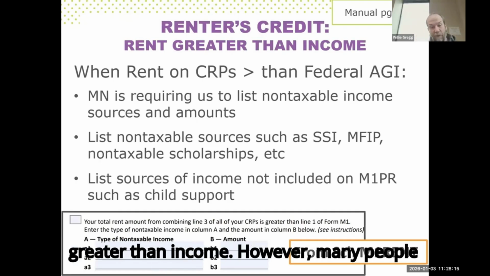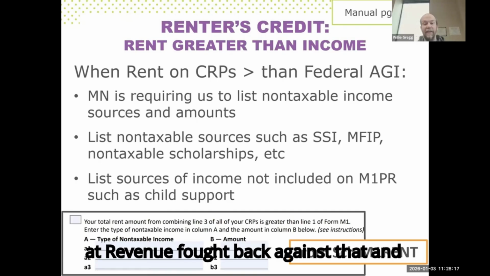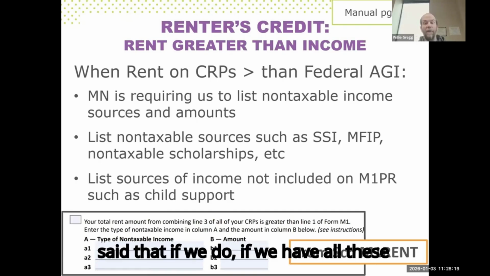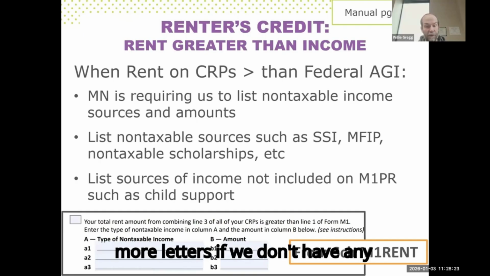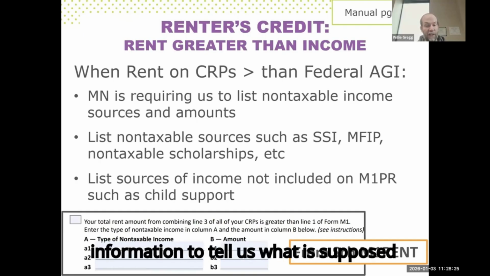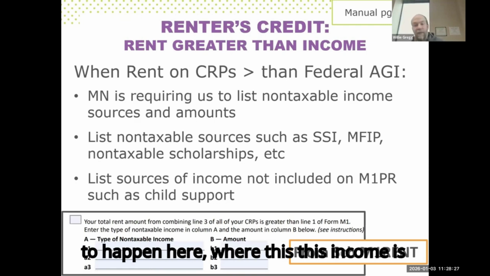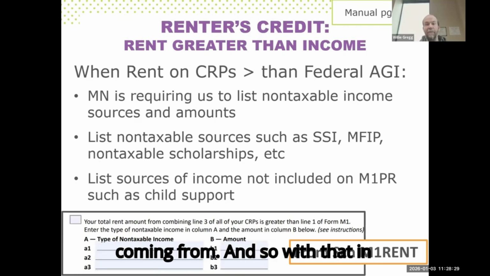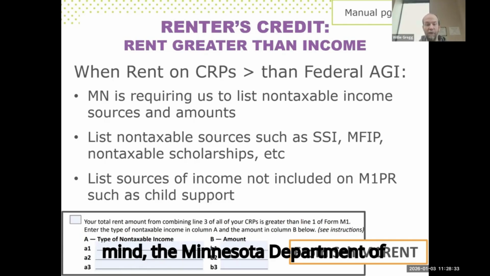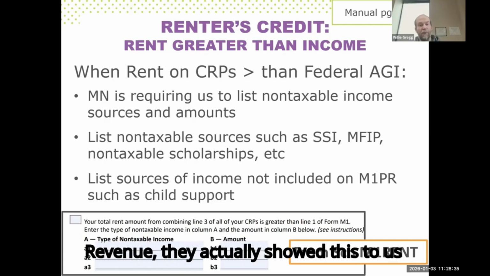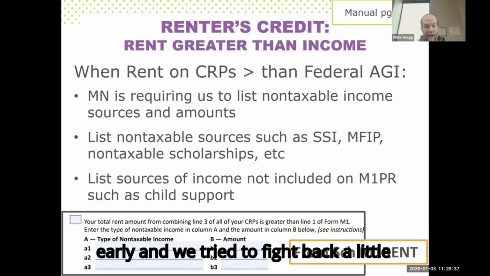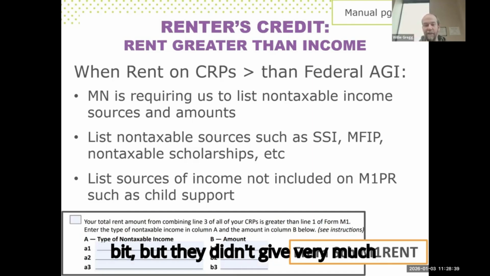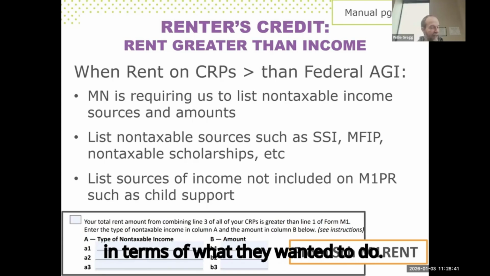However, many people at Revenue fought back against that and said that if we have all these returns filed with rent greater than income, we're going to send out a lot more letters if we don't have any information to tell us what is supposed to happen here, where this income is coming from. And so with that in mind, the Minnesota Department of Revenue actually showed this to us early, and we tried to fight back a little bit, but they didn't give very much.